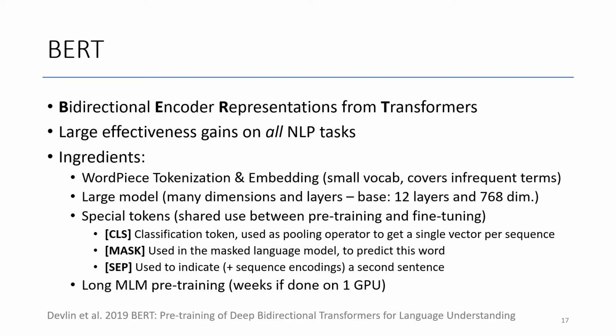Then BERT models are very large. So we're looking at the base model alone has 12 transformer layers with 700 dimensions for each vector. So you require a lot of memory to train and also to infer.